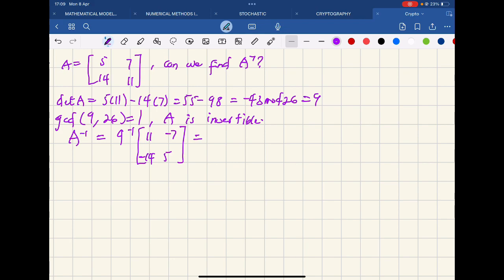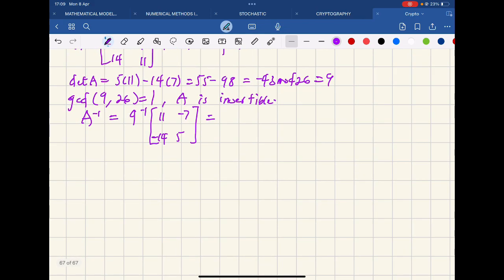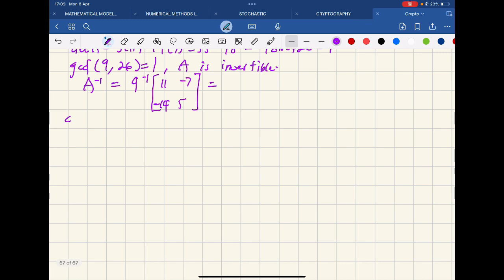So now, what is 9 inverse in modulo 26? As we've done so far, for 9 inverse in Z26, just a reminder, you can calculate it this way. 26 is equal to 9 multiplying 2 plus 8. Then 9 is equal to 8 times 1 plus 1.